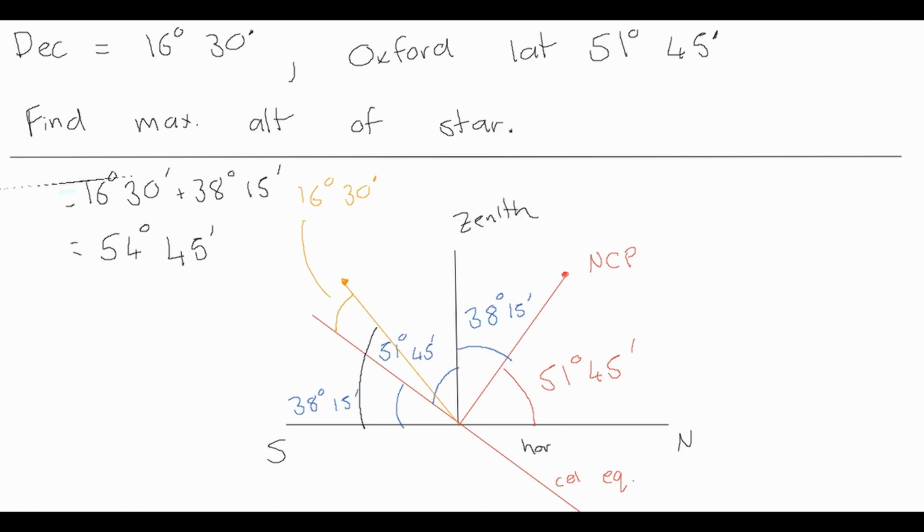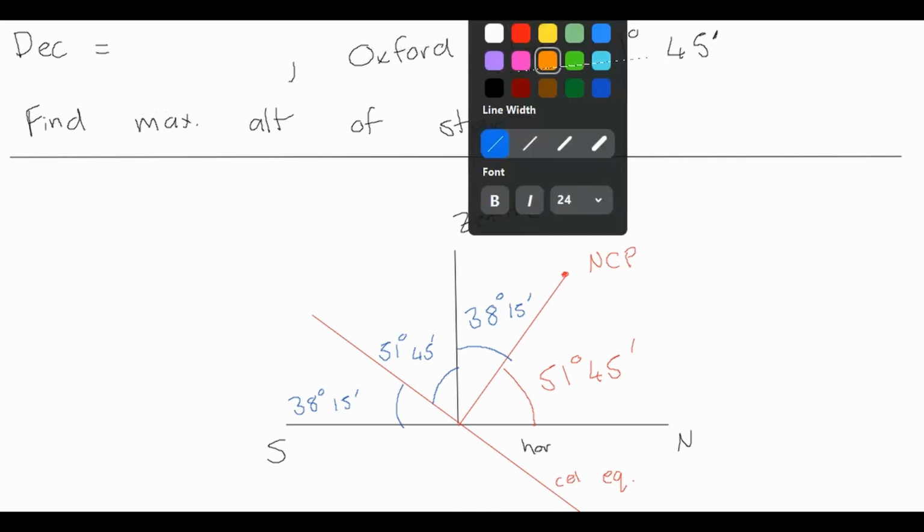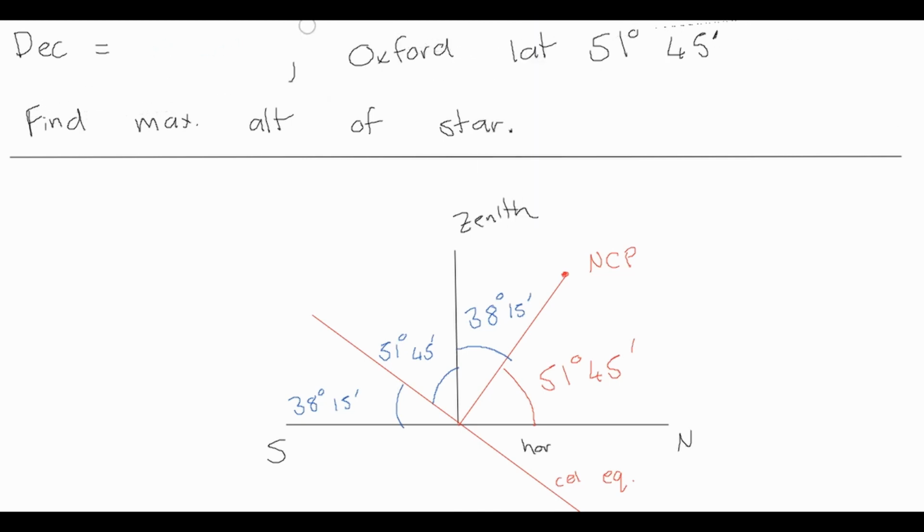So let me just get rid of this. We're going to stay at Oxford. So I can keep my diagram the same because I'm still at Oxford, so the North Celestial Pole is still in the same place. But what we'll do is we'll look at a star that has a different declination. Let's say our star has a declination of 70 degrees.